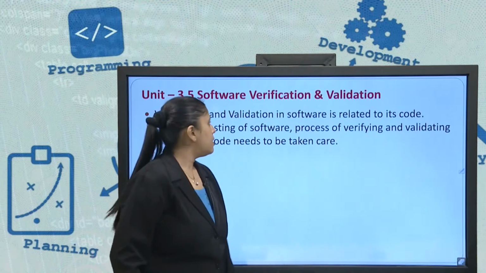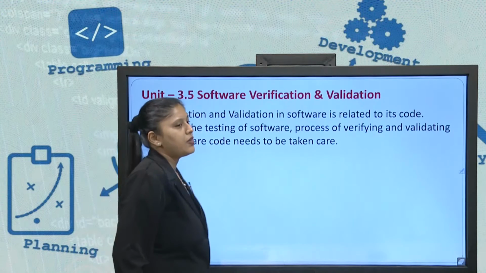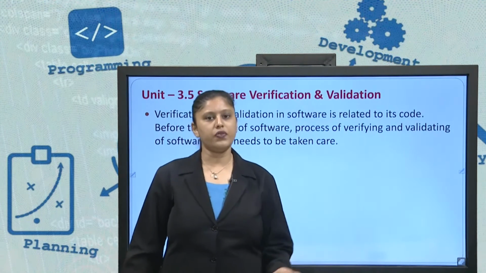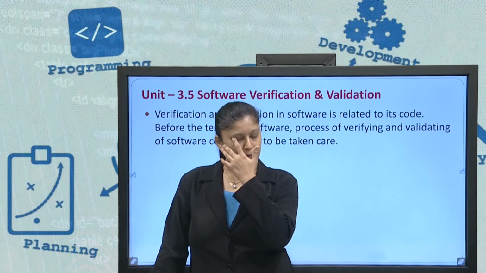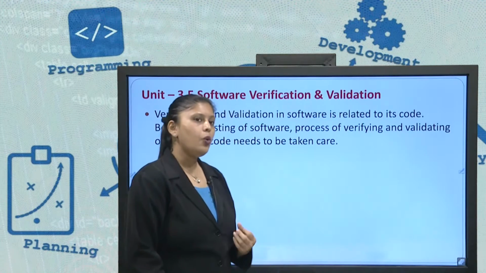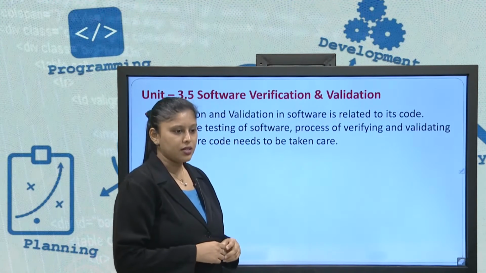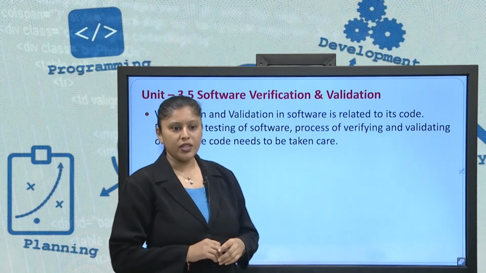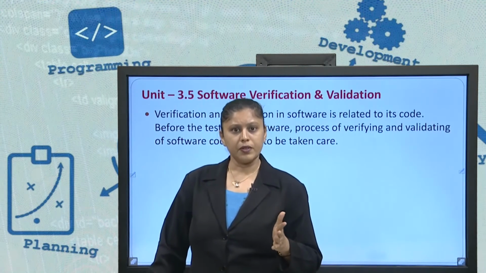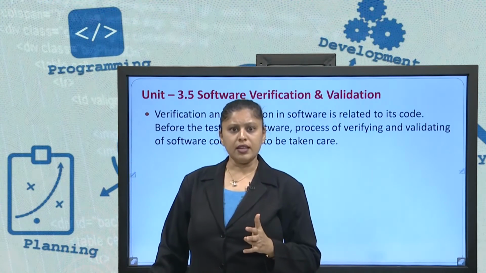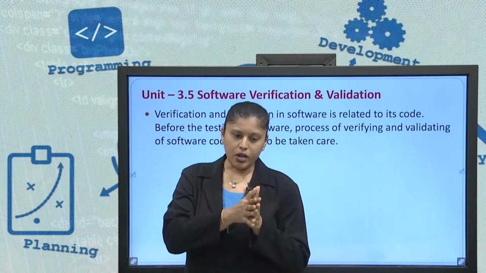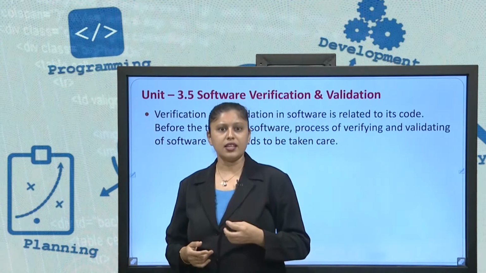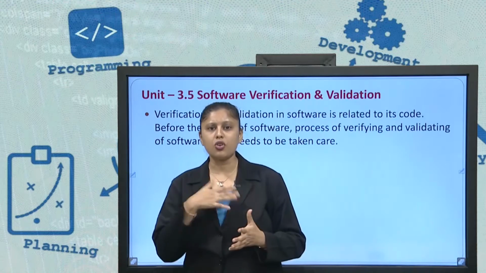Then the next topic is software verification and validation. We have already seen what V&V is, verification and validation, but this is just a repetition of the same topic. When you say verification and validation, essentially it is whether we are building the right product, whether whatever product we are building is rightly done, and whether the product is actually meeting all the requirements or not.